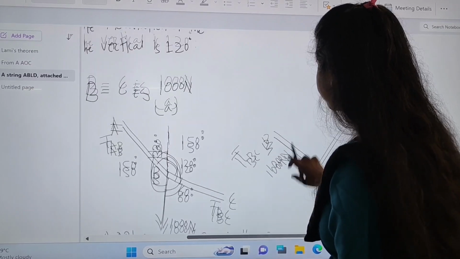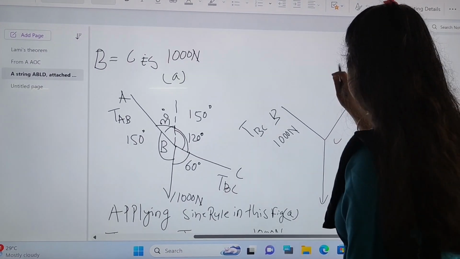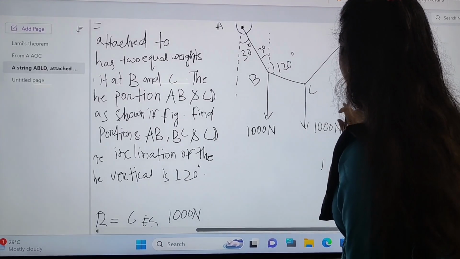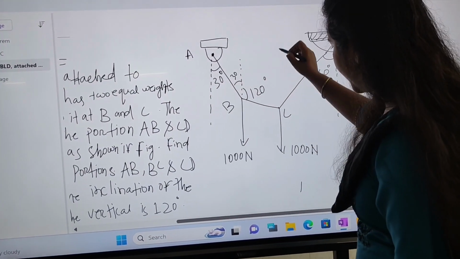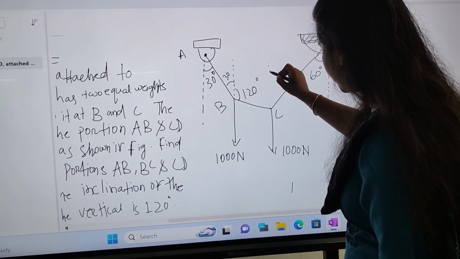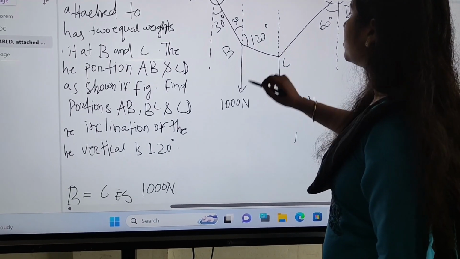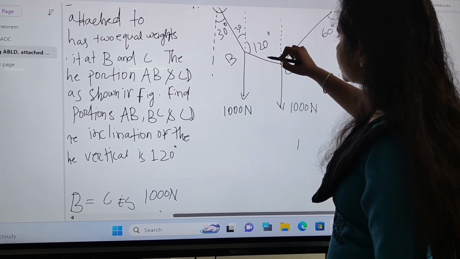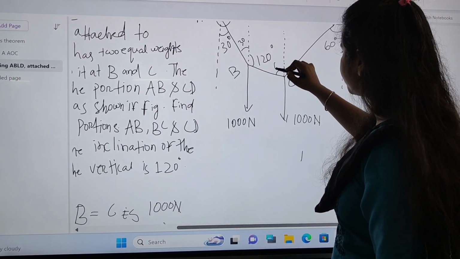Next, find out this angle and this angle. Here, this angle is 60 degrees and we draw a parallel line to this line. So this angle is 60 and this angle is a corresponding angle, so we write here 60.